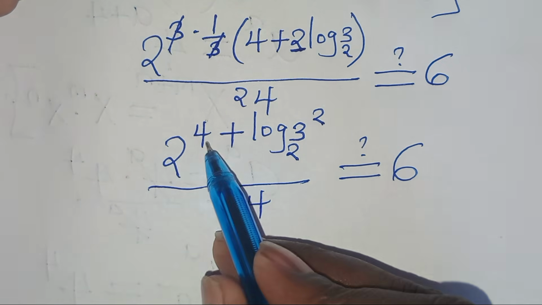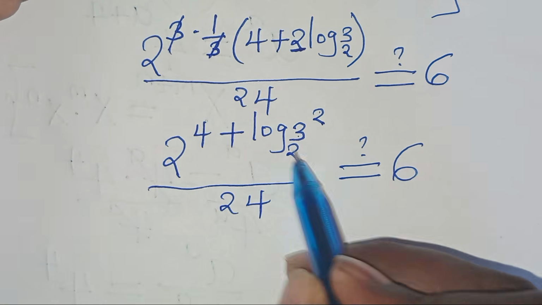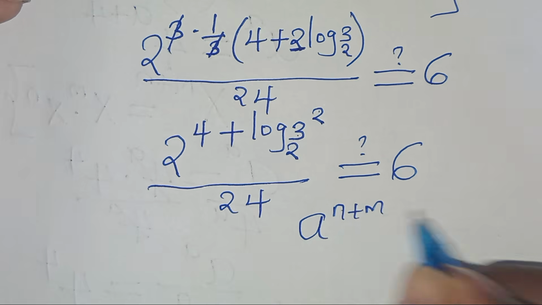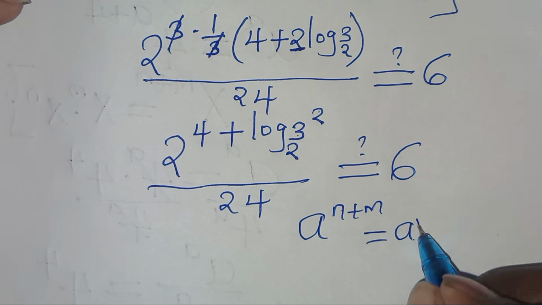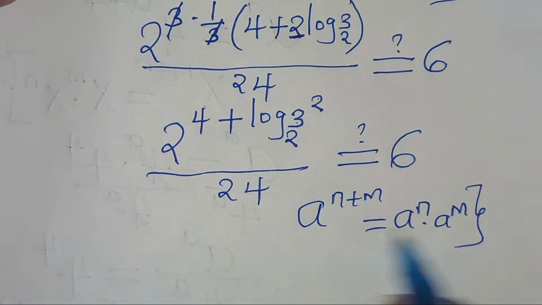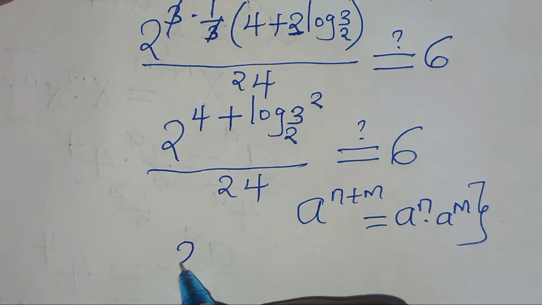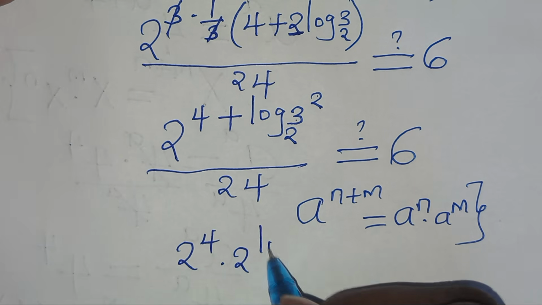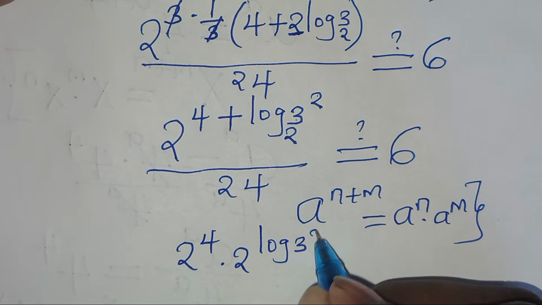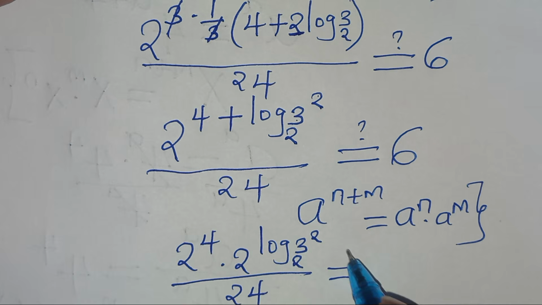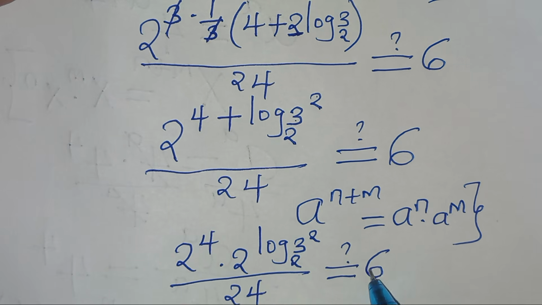So we have 2 to the power of 4 plus log 3 squared to base 2. This is of the form a to the power of n plus m, which we can express as a to the power of n times a to the power of m. Applying this exponent property, we have 2 to the power of 4 times 2 raised to the power of log 3 squared to base 2, divided by 24.